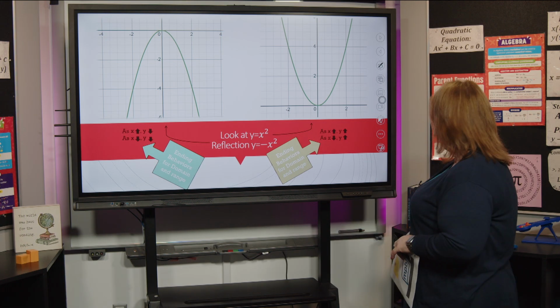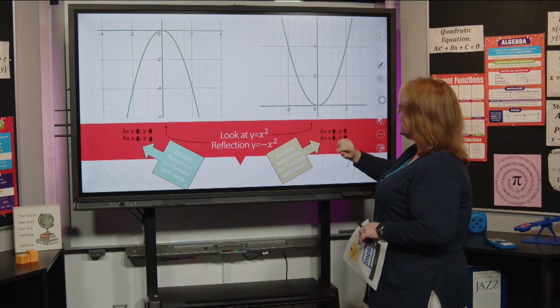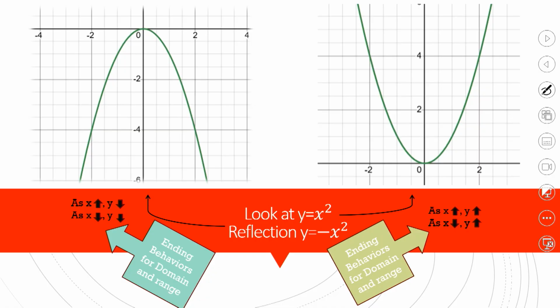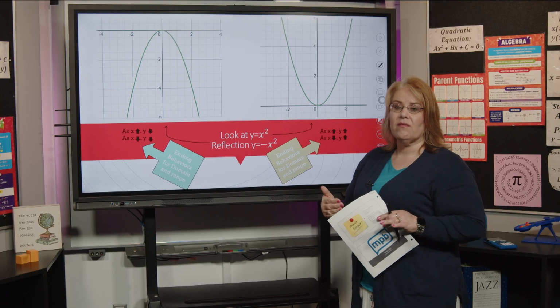Okay, our ending behaviors for these different ones. Let's go back to the parent function, y equals x squared. As my x's increase, my y values increase. As my x values decrease over here on the left, my y values are increasing. Now, when we flip or reflect that, we've got a different set of ending behaviors.